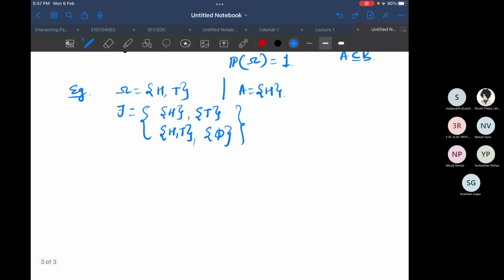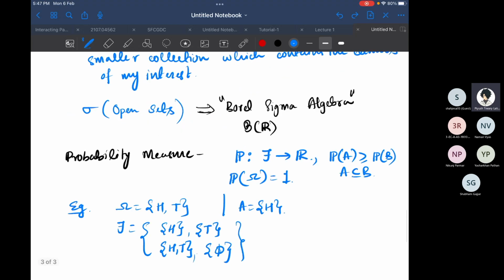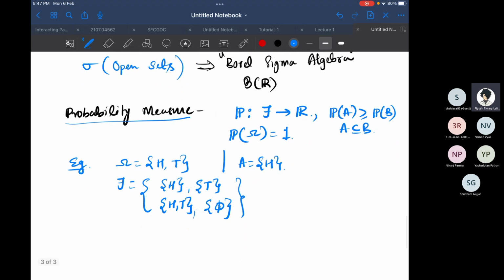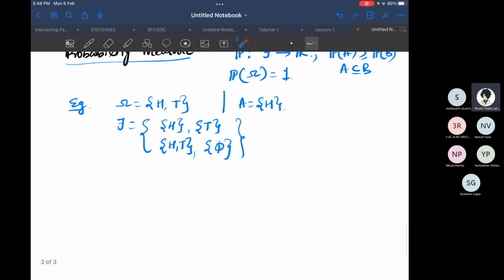All right. Now tell me the probability measure that you were talking about. So this is the probability measure. It is a function that assigns some real valued number to the elements of this sigma field F. And I know that the probability measure for omega should be 1. So this element here should have a probability of 1.